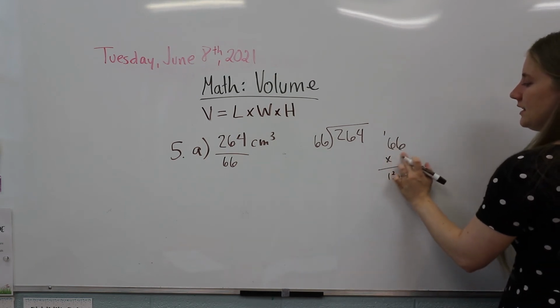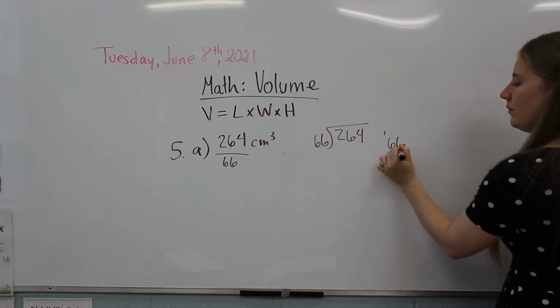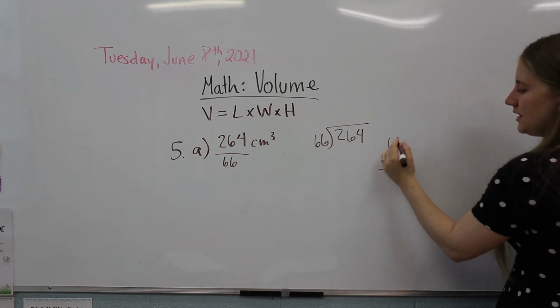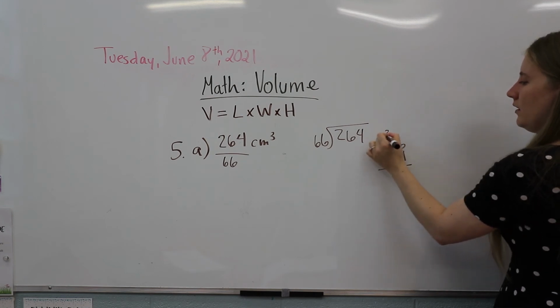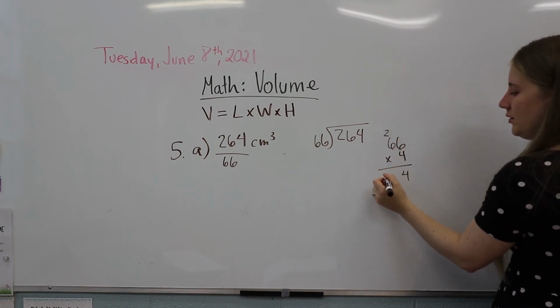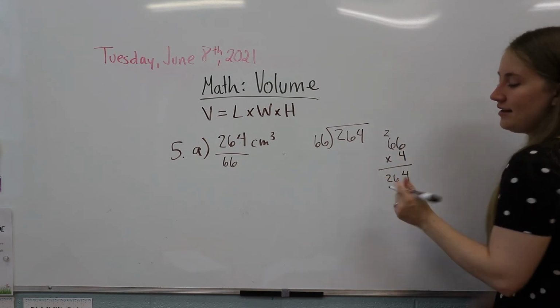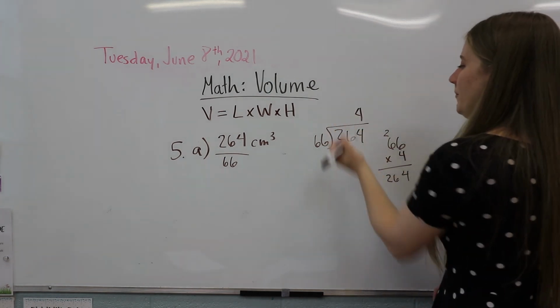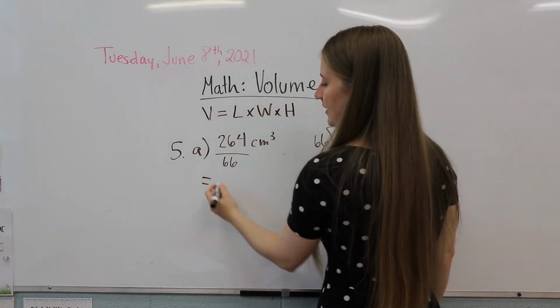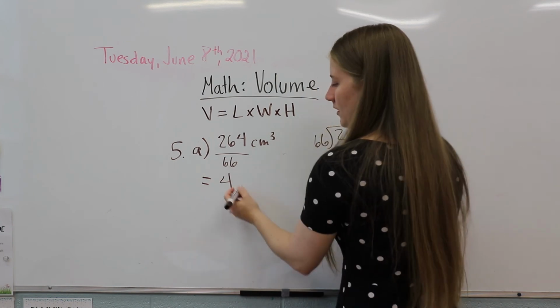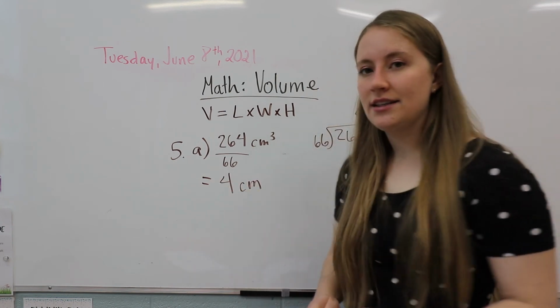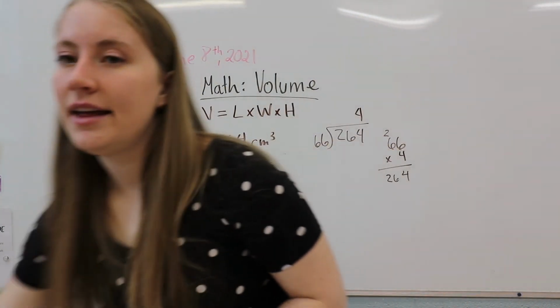So 66 times 4 looks like it might get us there. So 6 times 4 is 24, and 24 again plus the 2 is 26. Okay, so now we know that it's 4, and that is our answer. And we're gonna put it in centimeters because that's our unit. And there you have it.